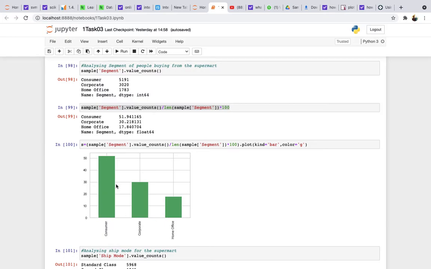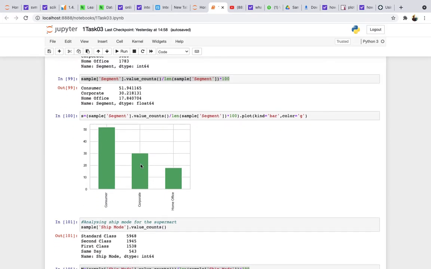Plotted the graph: consumer is 50%, corporate 20 to 30%, and home office 10 to 20%.